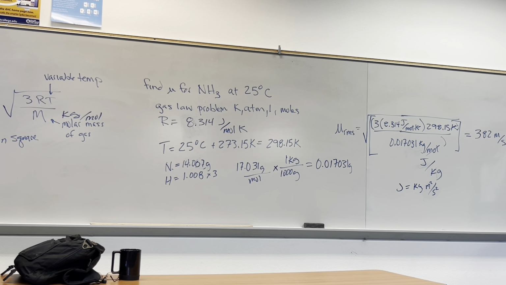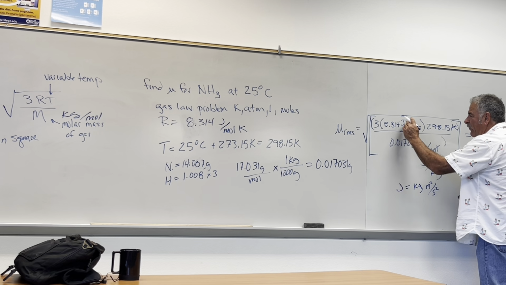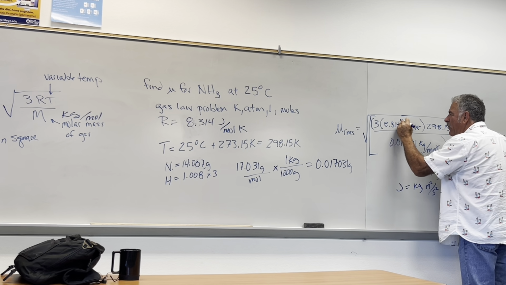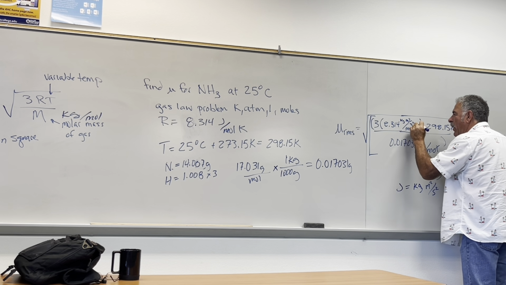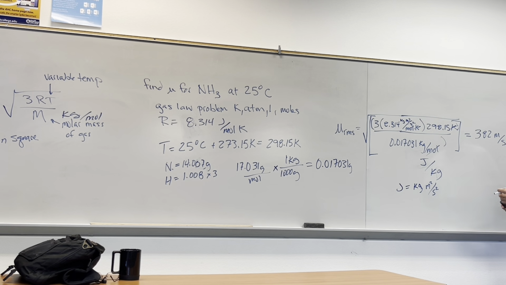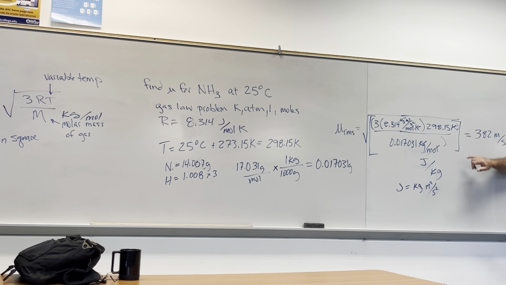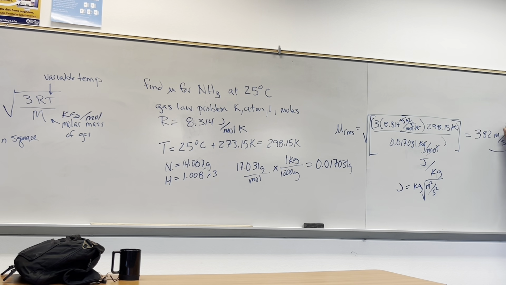So we have joules here, but if we write joules as kilogram meters squared per second squared, now kilograms cancel, and we're in meters squared per second squared, and we take the square root of meters squared per second squared, and we get meters per second. Yay.